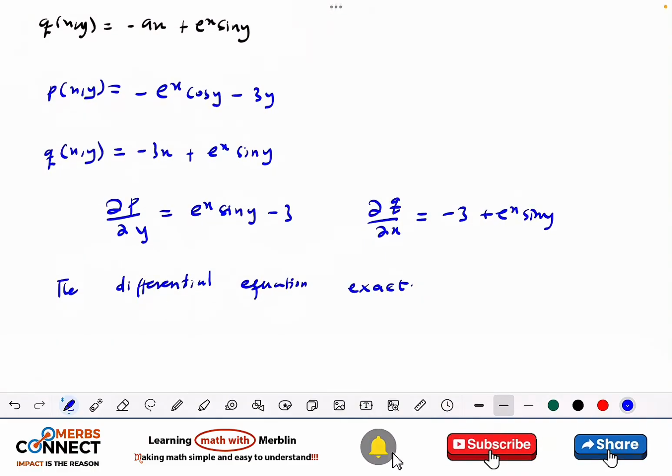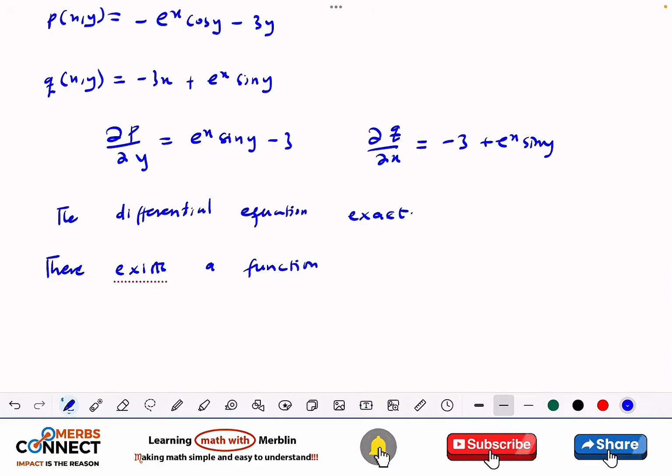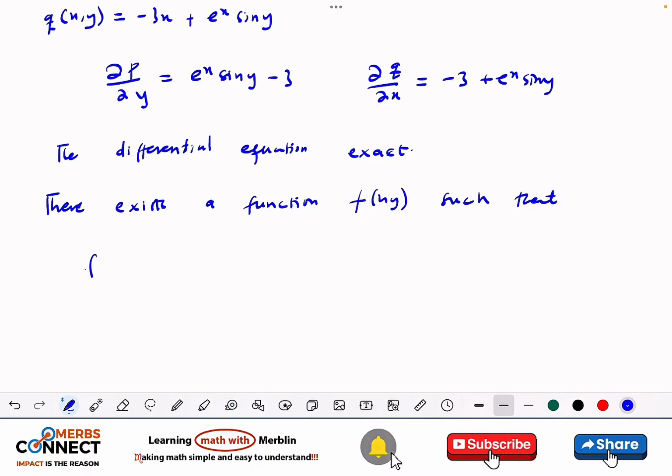So what we just need to do is start by saying that there is a function, let's say small f of xy, such that when I differentiate f with respect to x, I'm going to have P of xy.